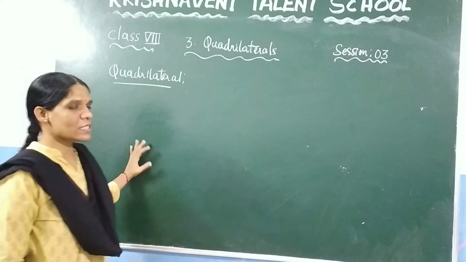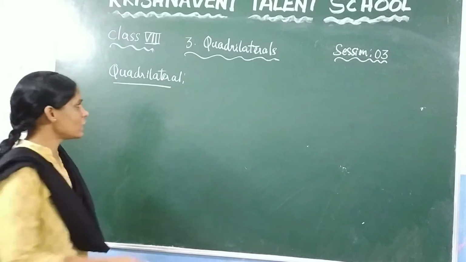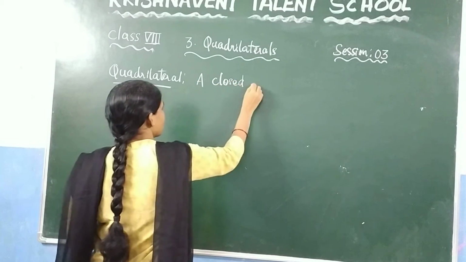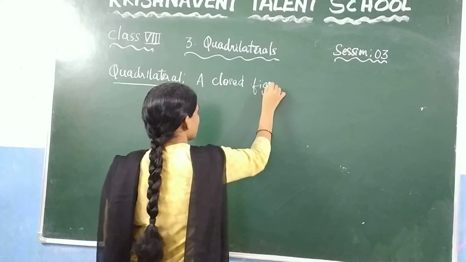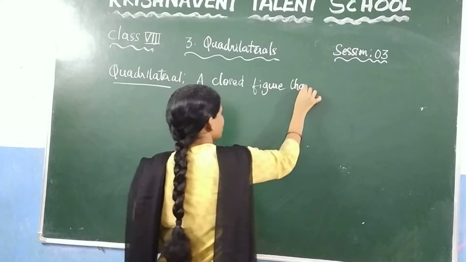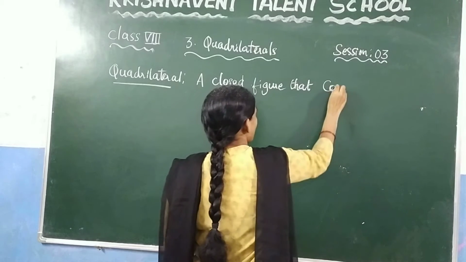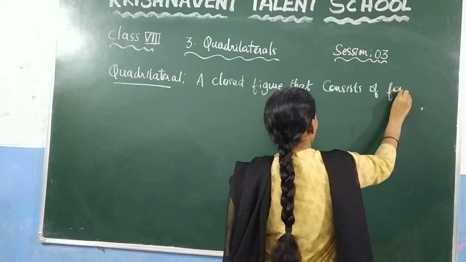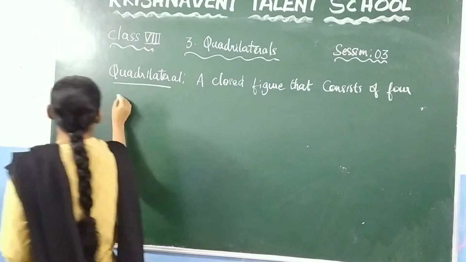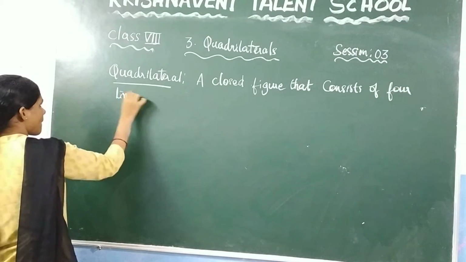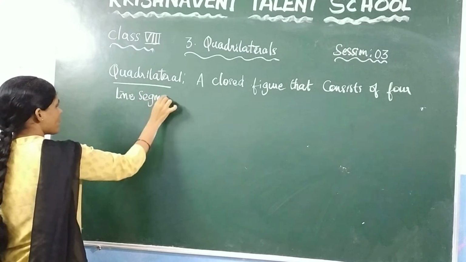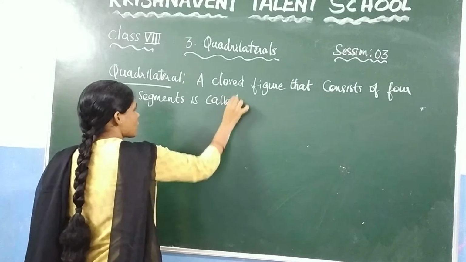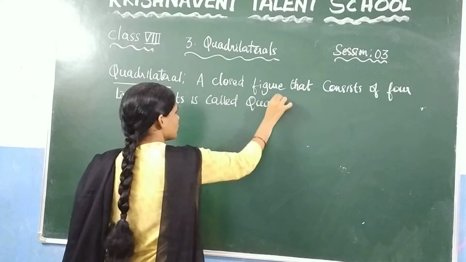A closed figure that consists of four sides, we call it a quadrilateral. So write it here: a closed figure that consists of four line segments is called a quadrilateral.